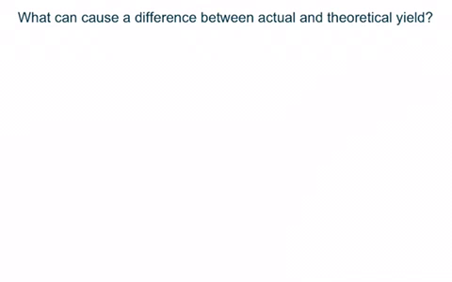Okay, so here's our question. What can cause a difference between the actual and theoretical yield? So for example, what if you calculated that you should have gotten 10 grams of product, but you only ended up with 8 grams?